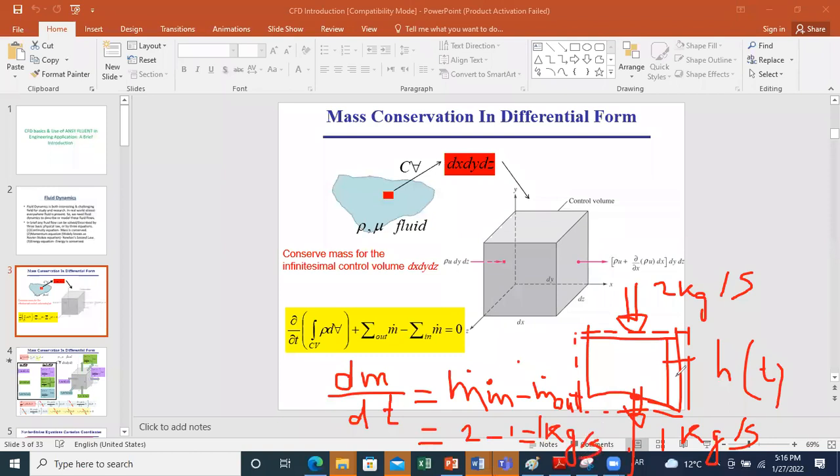And then this can help me to find the height variation. How? You know that mass is density times volume. And the volume of water in my reservoir is the cross-sectional area times the height. So V will be a function of time because the height is changing with time, since the mass is changing with time.